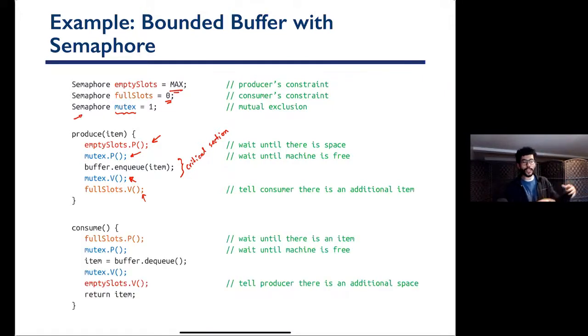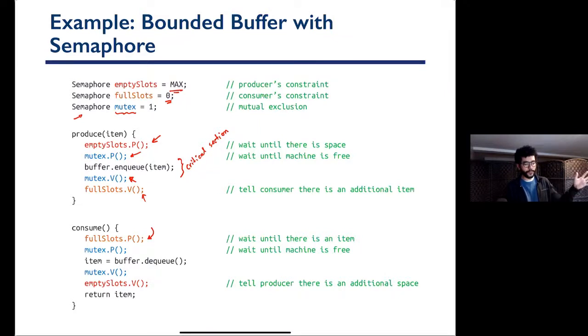Now, if you look at the consumer's code, it's vice versa. Again, I don't have try to consume. It's really consume. These guys are going to wait on full slot.P. If there are items, then we want to allow them to go and read or consume them.